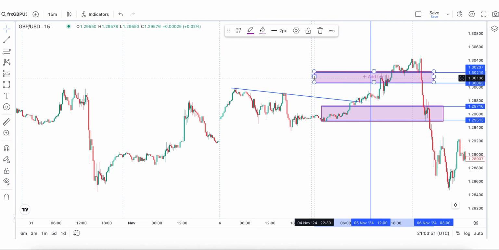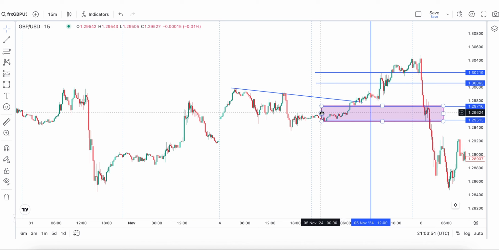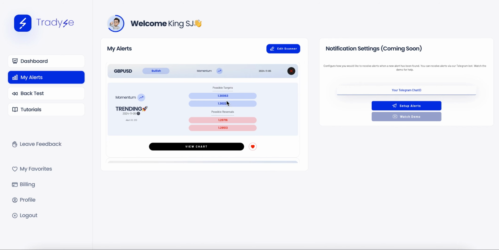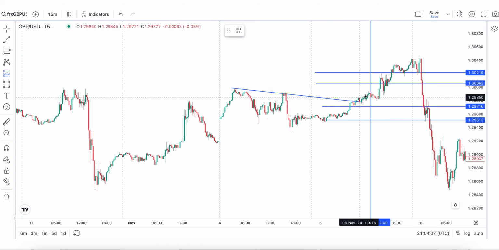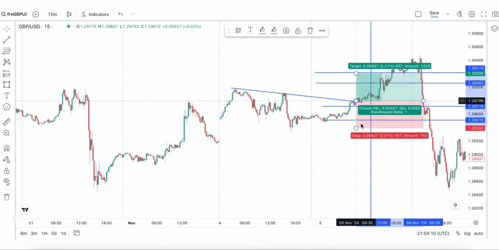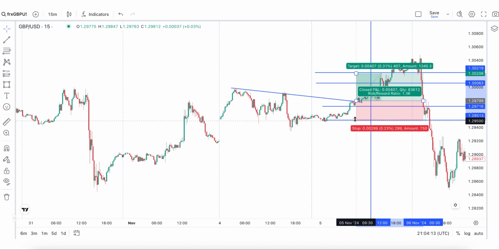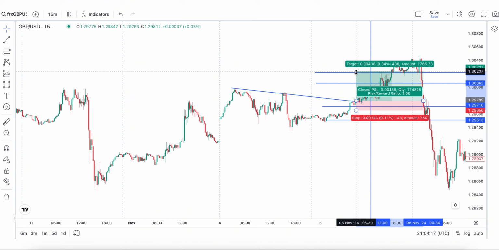So let me just remove these rectangles and just remove this. You could literally just sit and wait and say, okay, Tradyse says the market bias is bullish, and these are the possible targets. I will highlight those possible targets. Then whenever a market breakout happens in that direction, I'll just take a buy trade, put a stop loss wherever, let's say here, and I will target the possible targets, right?